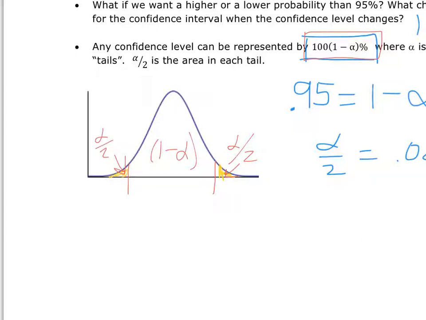All right, so the Z values are Z sub alpha over 2 and negative Z sub alpha over 2, right? Really the only one that we actually put into the confidence interval formula is this one. Okay, so we are interested in two others, 90 and 99%, so we're going to look at those specifically. But first, let's write down a general formula for confidence interval given any confidence level.